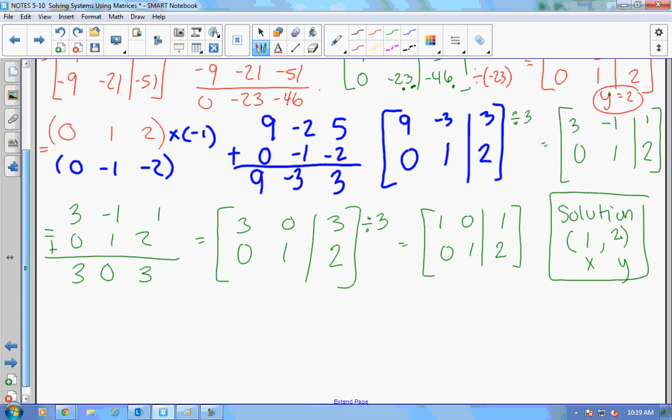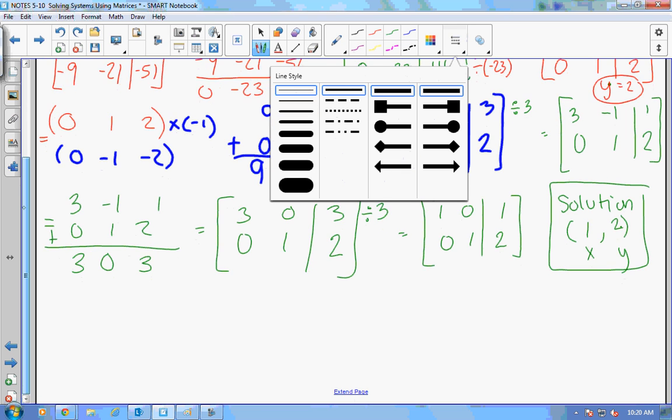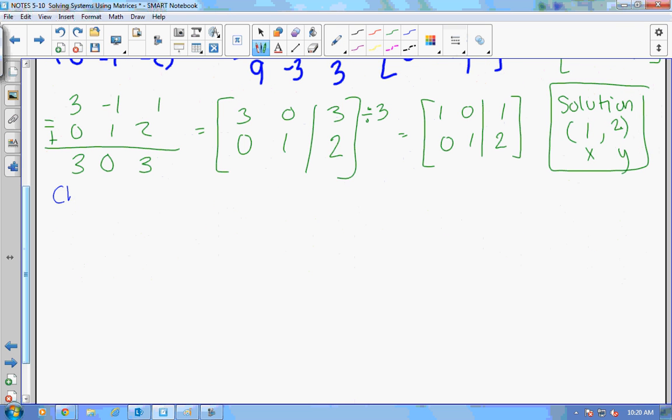How do you know for sure that you did it right? With all those crazy steps. Plug it back in. Check it out. Make sure you check to verify you didn't accidentally do something wrong. We check by taking the originals. 9x minus 2y equals 5.